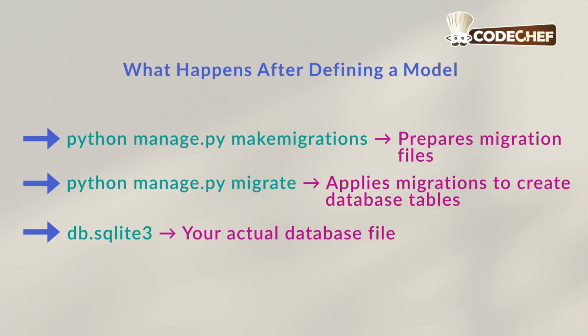And the result is a file called db.sqlite3 in your project root. This is your actual database. So python manage.py makemigrations prepares the migration files, and python manage.py migrate actually applies the migrations to create the database tables, and this db.sqlite3 is your actual database file.